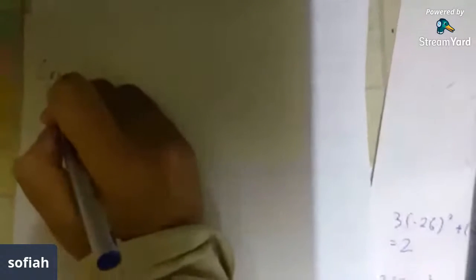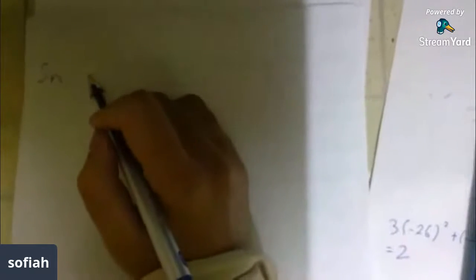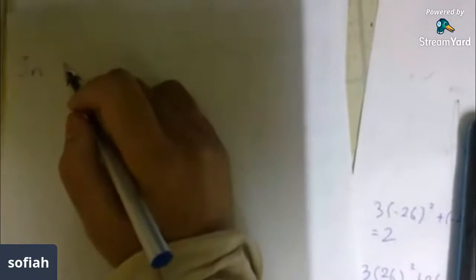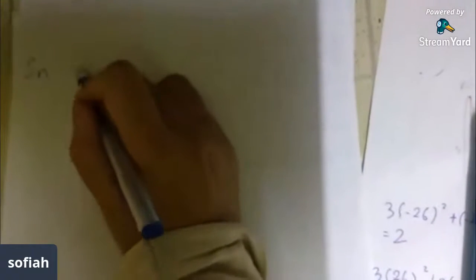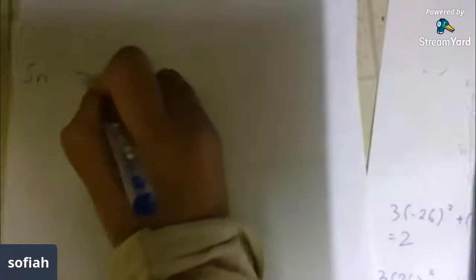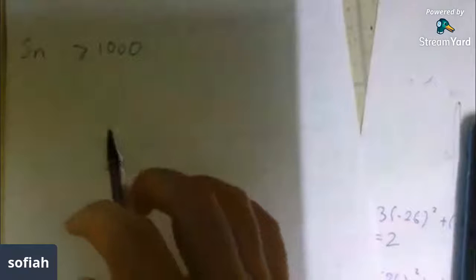The question wants us to find the value of n. And in the question, it also says that if there are more than 1,000 hexagonal holes made, it means that the sum of the nth term is more than 1,000.